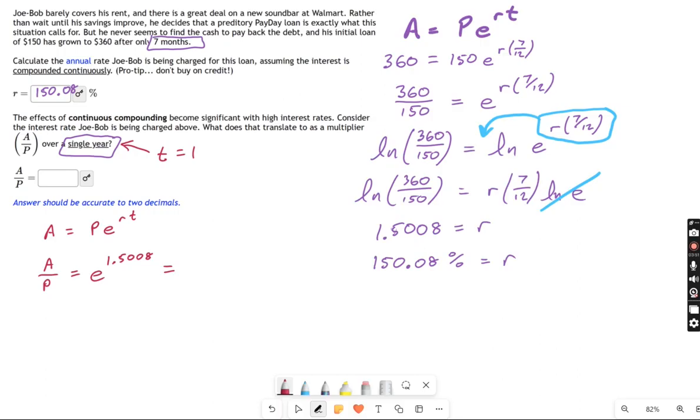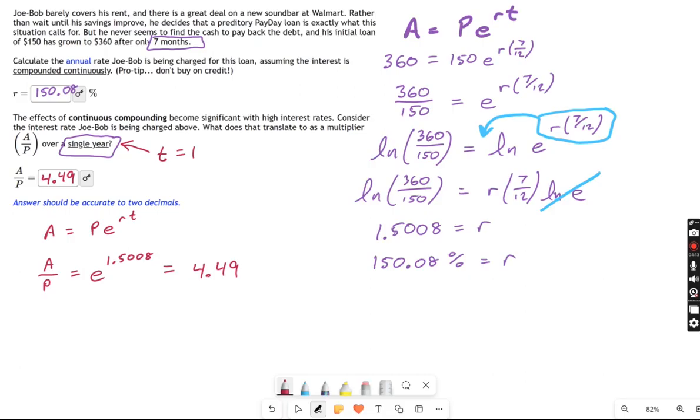And okay, so we're going to say e to that last answer is equal to 4.49. Now, what that means is if you borrow $100, a year later, you will owe $449.